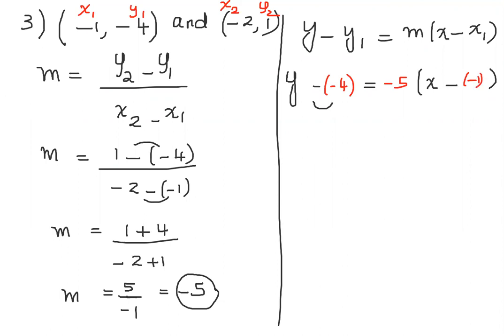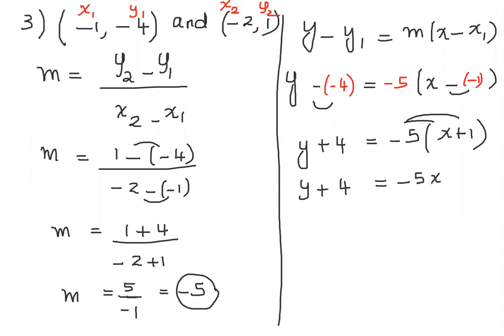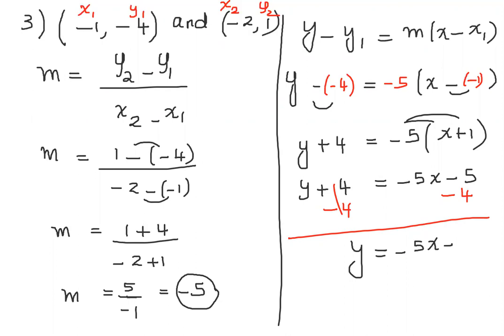It becomes positive, so y plus 4 equals -5 times x plus 1. Now distribute the negative sign. We get -5x minus 5. Get the y by itself. Let's subtract 4 from both sides. So we get y equals -5x minus 9. This is the final equation.